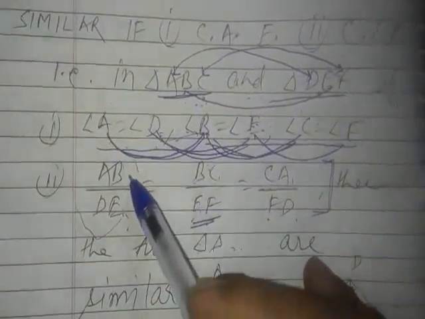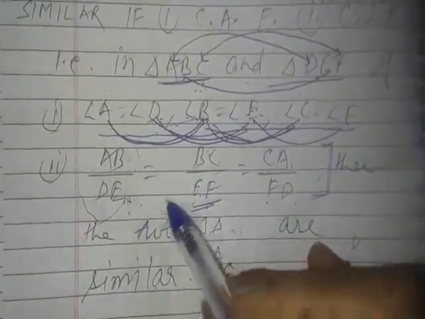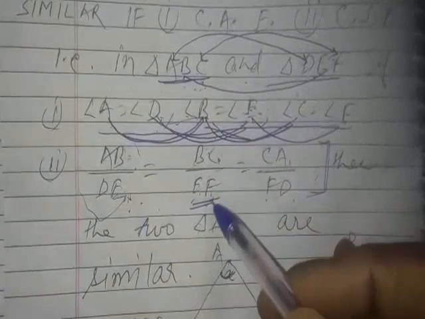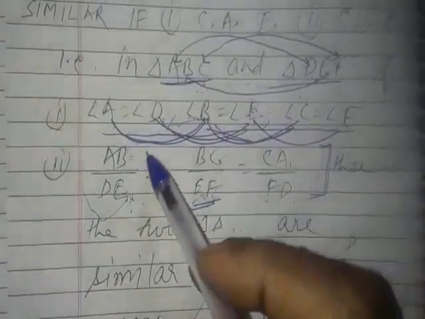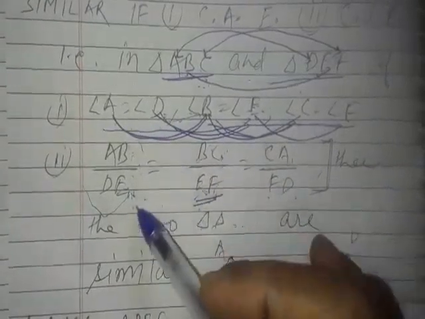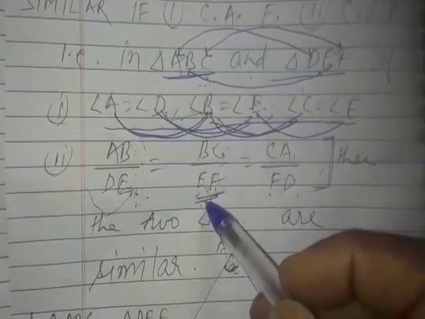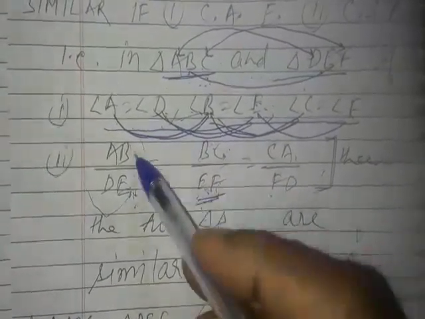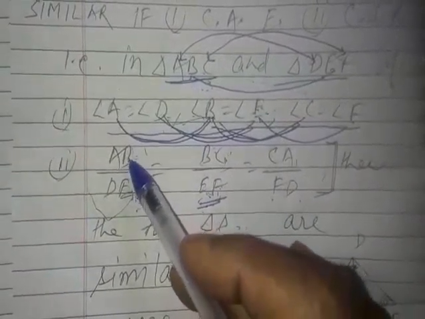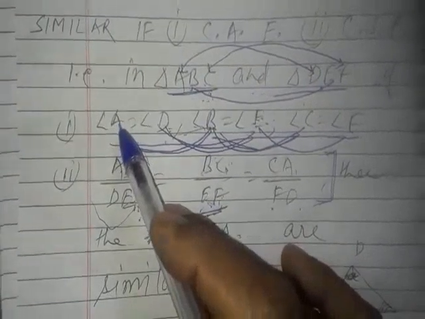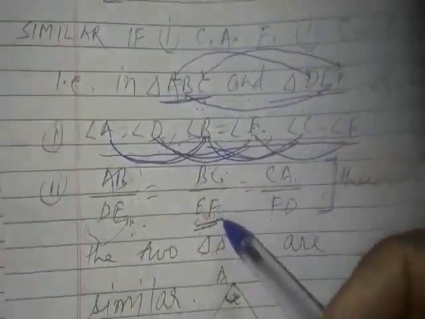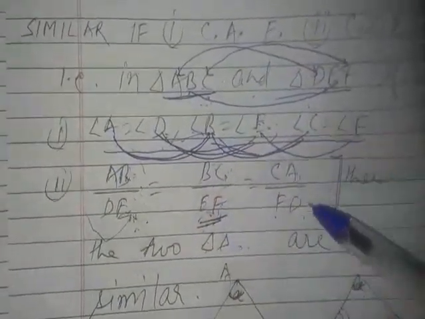Thus, the ratio of the sides AB and DE is equal to the ratio of the sides BC and EF. Thus, they are in proportion. This way, we find out the corresponding sides and the corresponding angles. The angle corresponding to any side is the angle opposite to it, and the side is opposite to the angle. In this way, we find out the corresponding sides and corresponding angles.